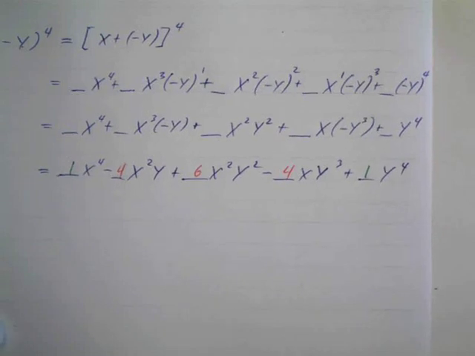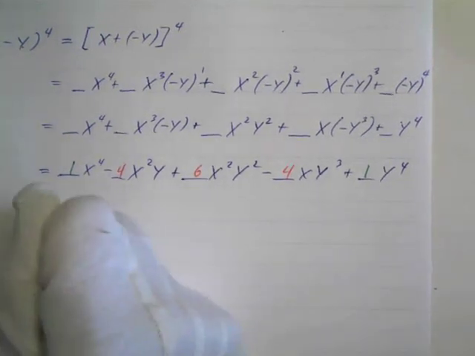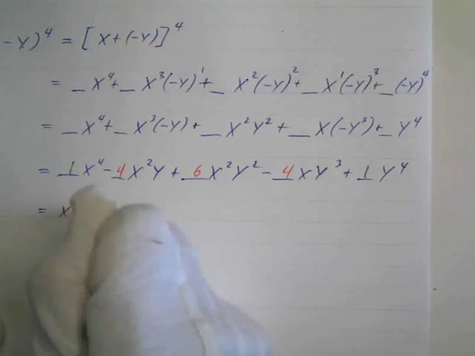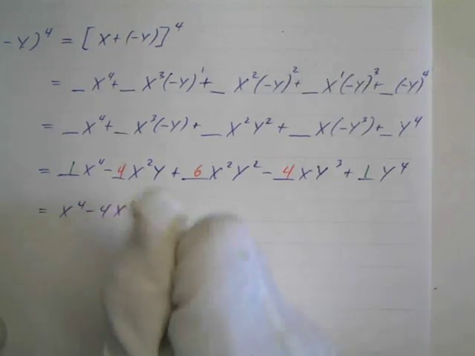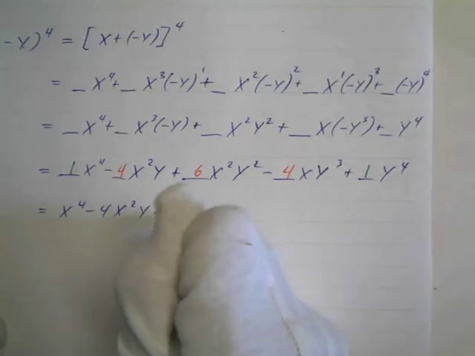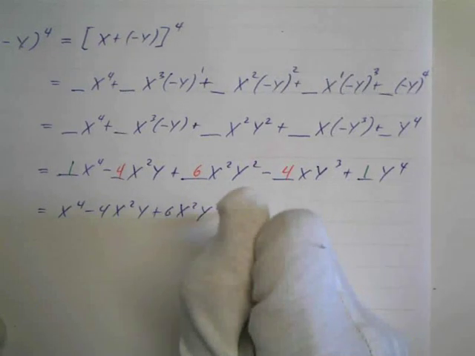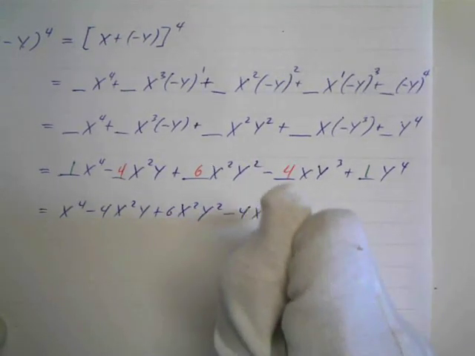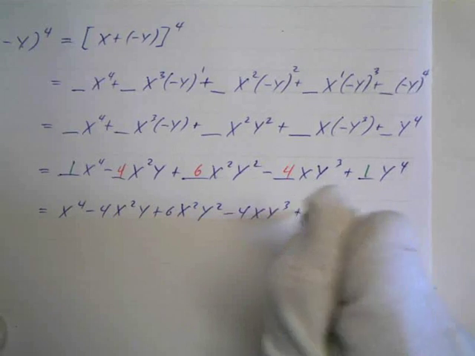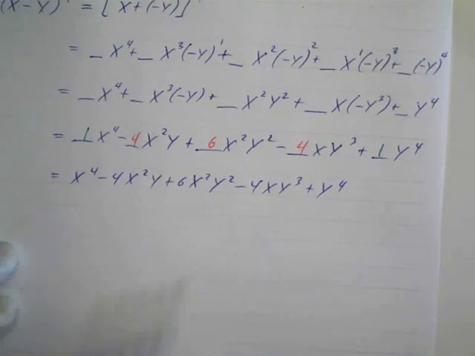And then I guess you could simplify that a little bit more. Just x to the fourth minus 4x cubed y plus 6x squared y squared minus 4xy to the third plus y to the fourth. So again, it looks exactly like the x plus y.